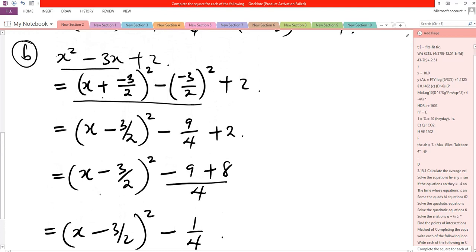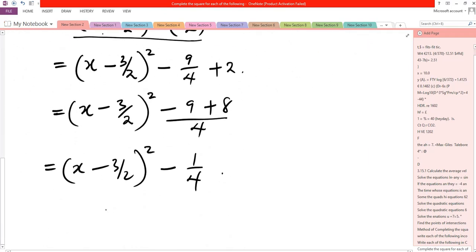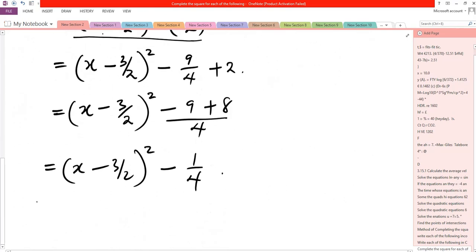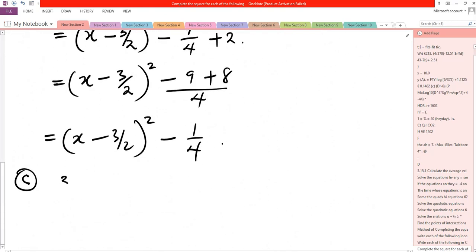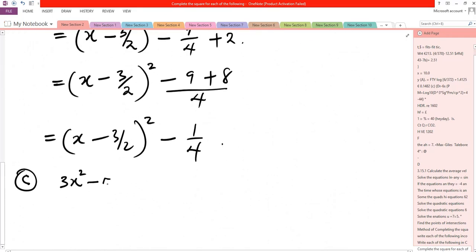So that is for b. Then for c, we have 3x squared minus 5x plus 1.